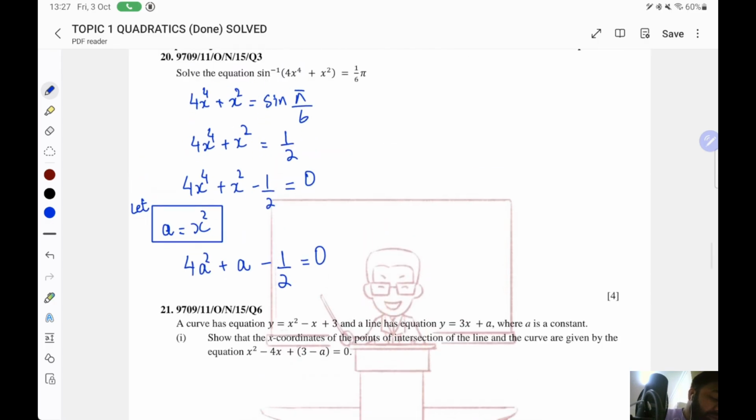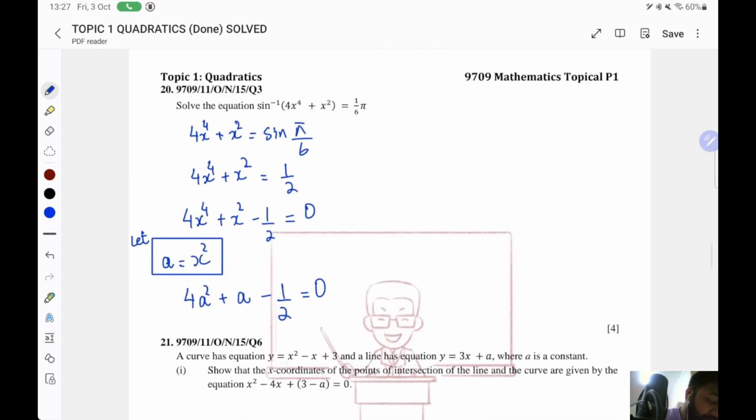So the factors are going to be 4 times minus 2.